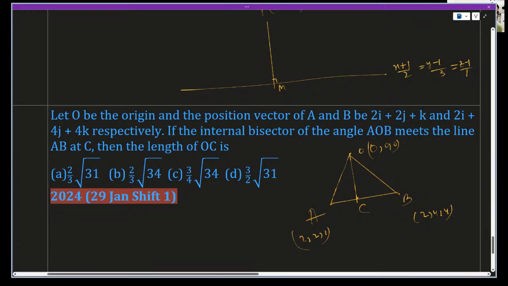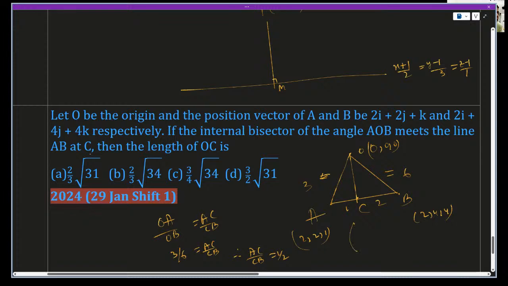We have to find the length of OC. What is the length of AO? 3. Length of this? 6, I think. Check. So OA by OB, this is 1 and this is 2.